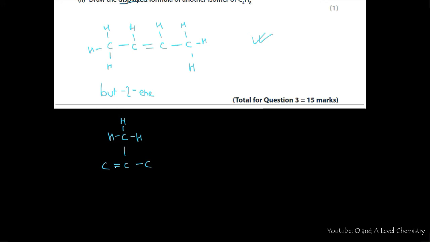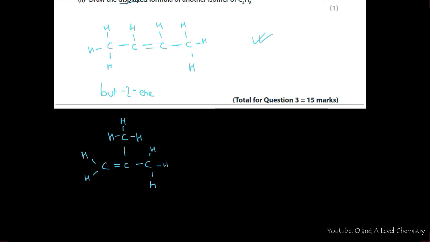This carbon formed 2 bonds, so it can have 2 more hydrogens here. This one has 4 bonds, so there'll be no hydrogen here. This has only 1 bond, so I can add 3 hydrogens here. Right, so let's count. We have 4 carbons and 1, 2, 3, 4, 5, 6, 7, 8 hydrogens, so I'm good.